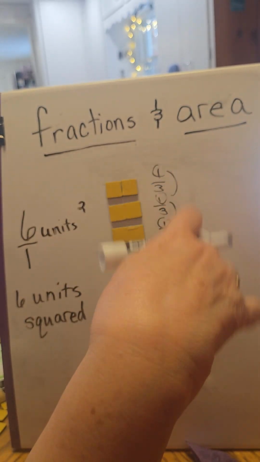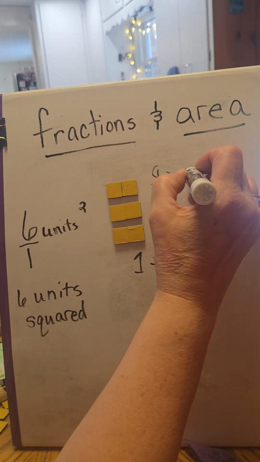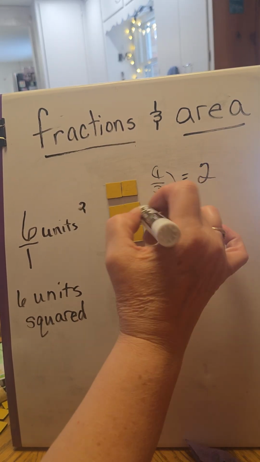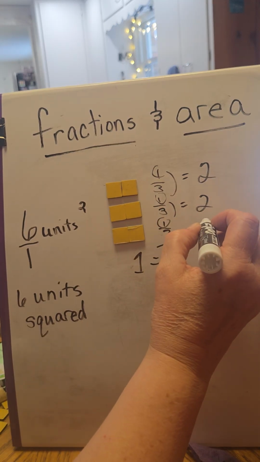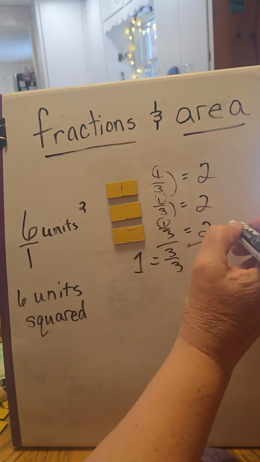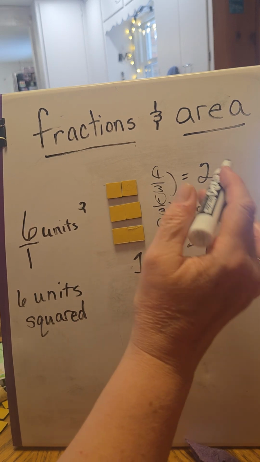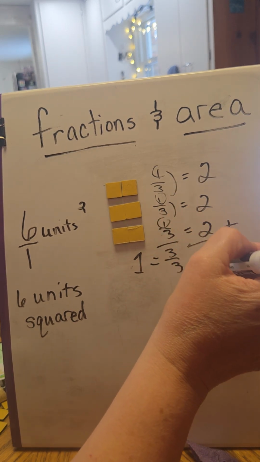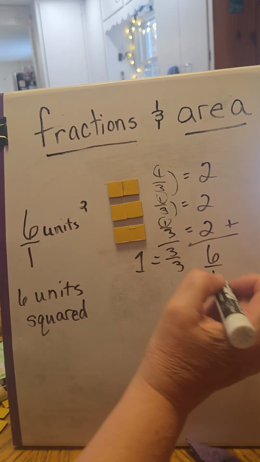Alrighty. Let's think about it. This has 2, so this third is 2. So is this one. So is this one. We can add those together. 2 plus 2 plus 2 is 4 plus 2 more is 6. Hey, that works. 6. 6/1.